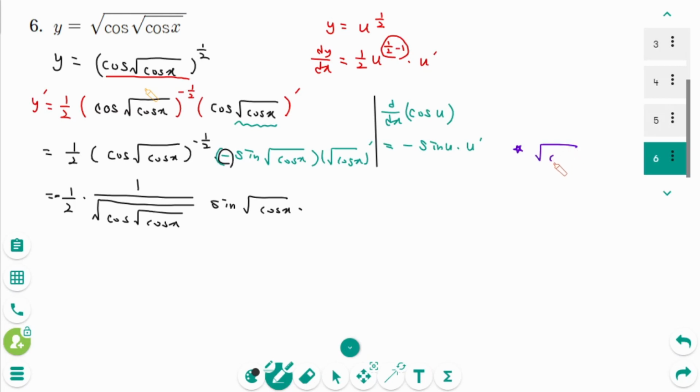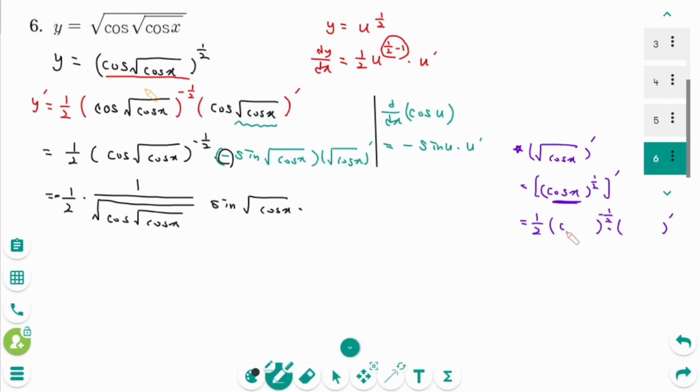square root of cosine x prime equals, we can rewrite as cosine x to the power of 1 over 2 prime. Just think of it, this is u to the power of 1 over 2. So 1 over 2 u to the power of minus 1 over 2 times u prime.